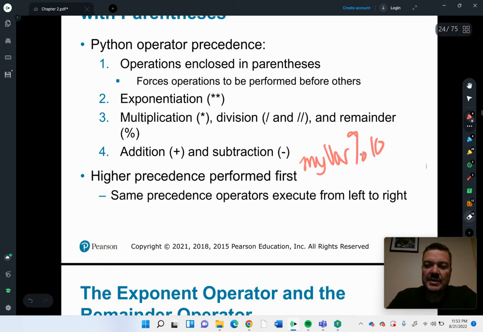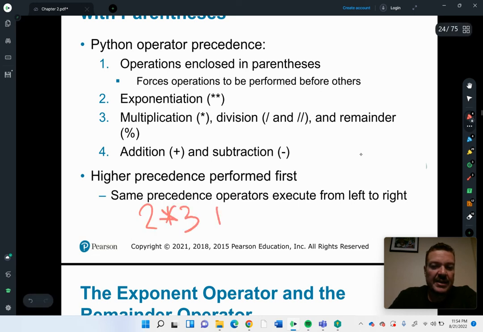If we use parentheses in our math, so we already know if we have 2 times 3 plus 6, written this way, 2 and 3 will get done first, and then whatever is the result of that will be added to 6, right?